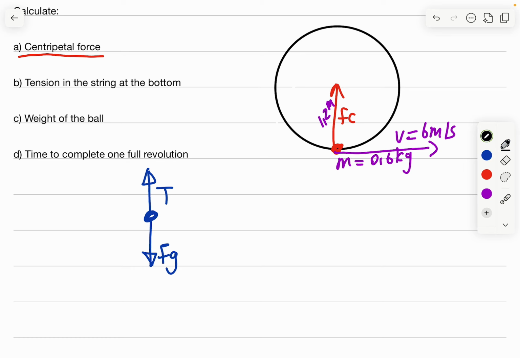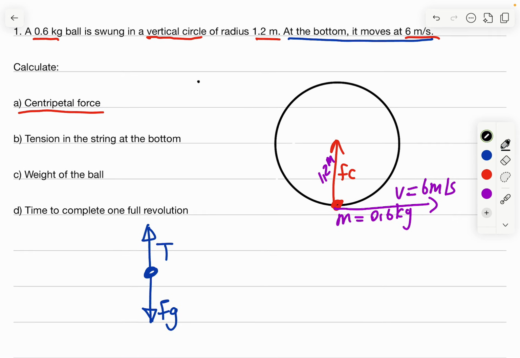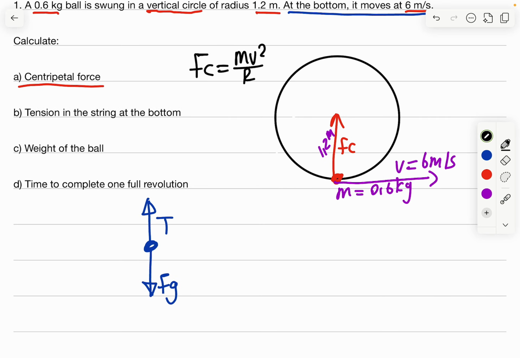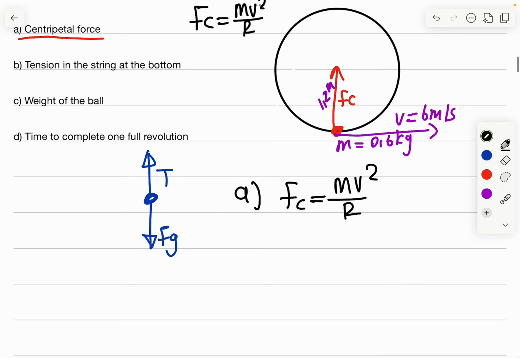We know you cannot just conclude; you know the formula to calculate the centripetal force. The centripetal force equals mv squared divided by the radius.